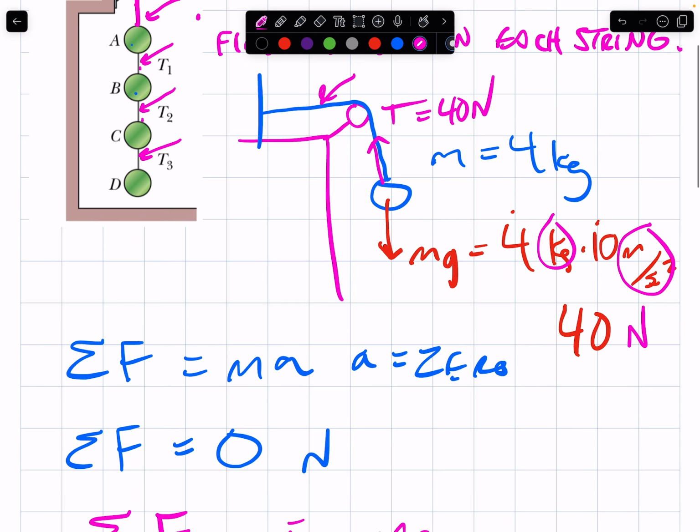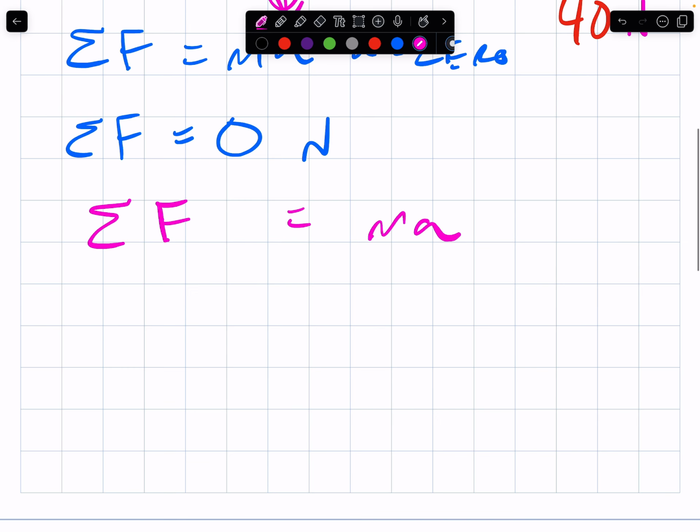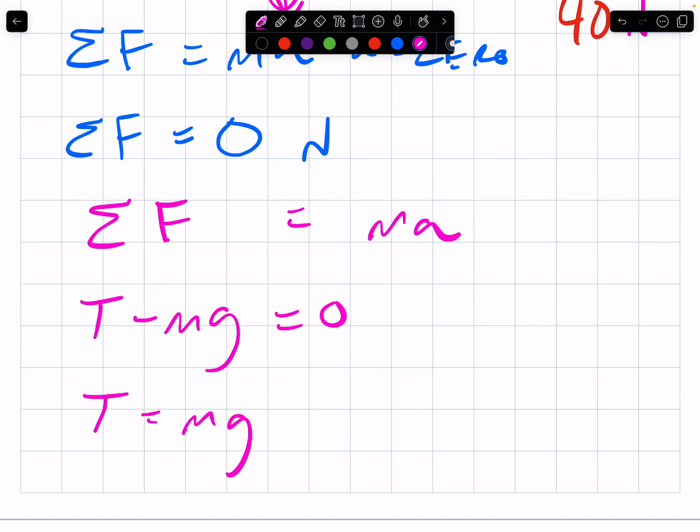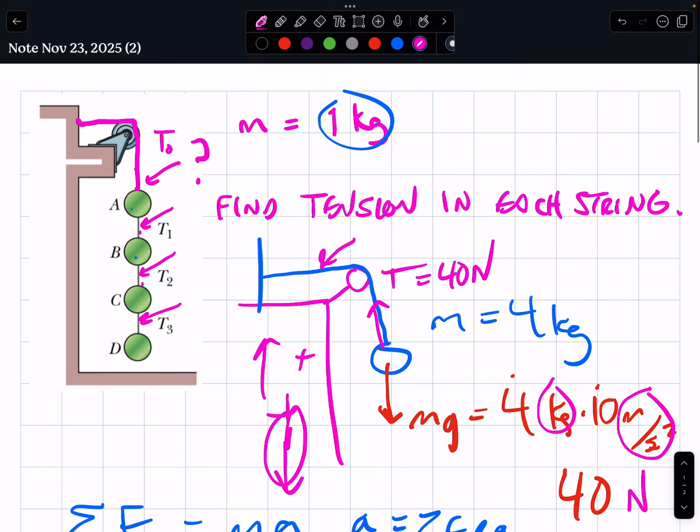Let's make upward the positive direction. Then I'm going to write T minus mg is equal to 0, which means T is equal to mg. All right. So 40 newtons is the tension in the very top string.